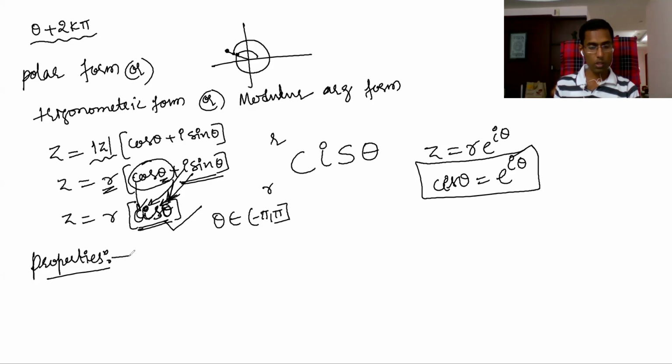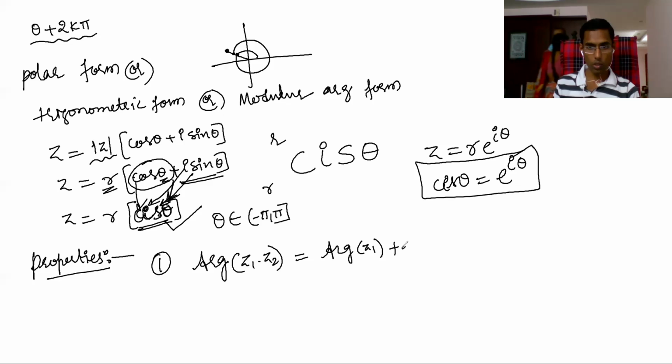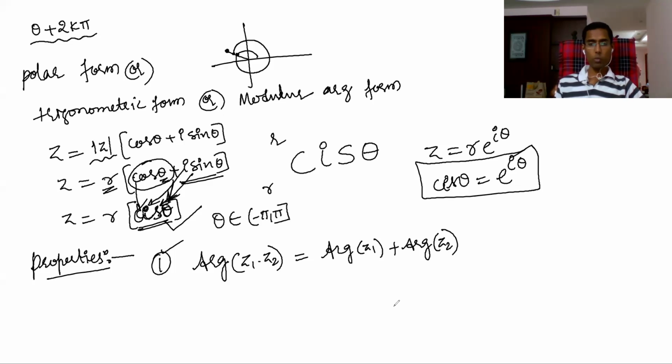Okay, let's discuss properties. First property: argument of z1 into z2 is argument of z1 plus argument of z2. If you write this much, it's correct. There's no doubt actually.